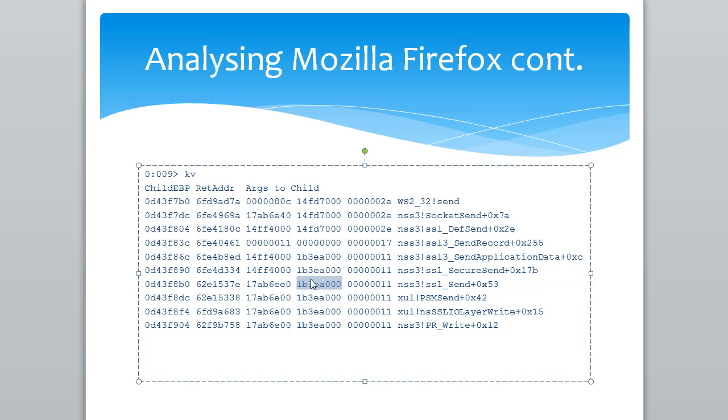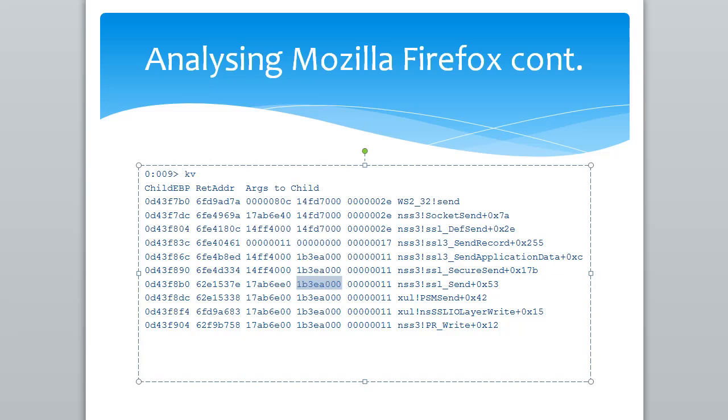If you look at the documentation for SSL send, you will see that this is also a buffer, and if you look at the contents of this buffer, you will see the unencrypted data. So if we can gain the address of this buffer, then we would be well on our way to find the unencrypted data.